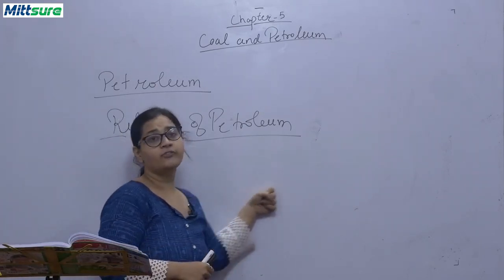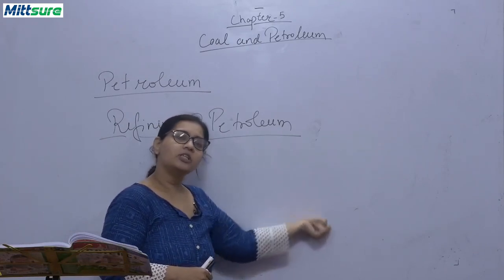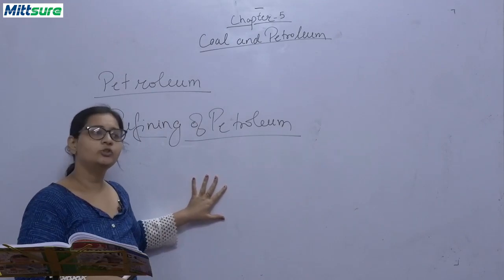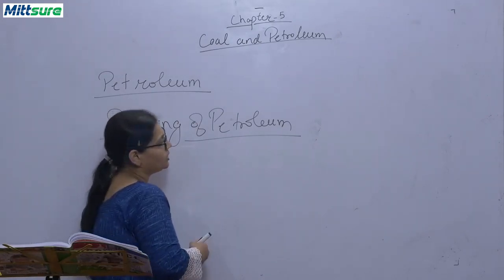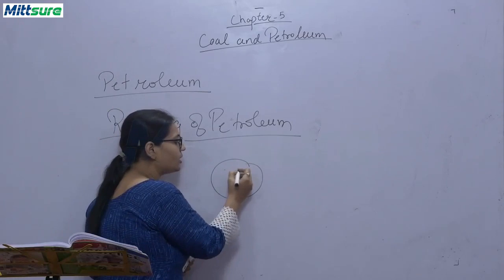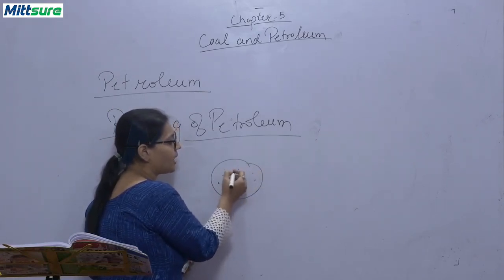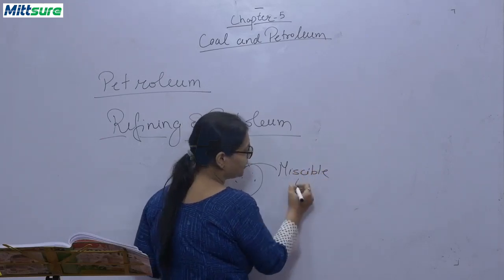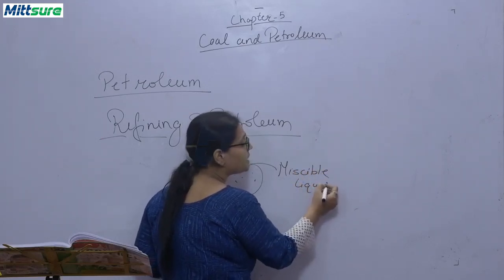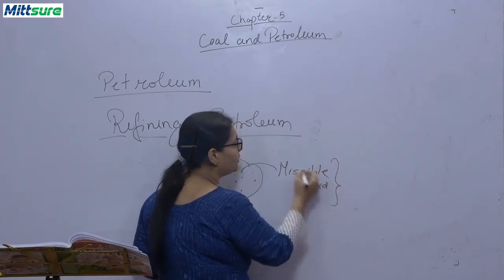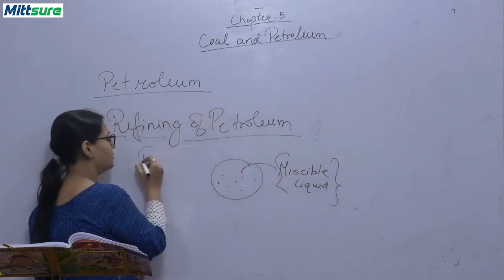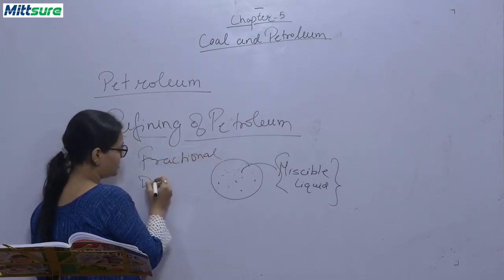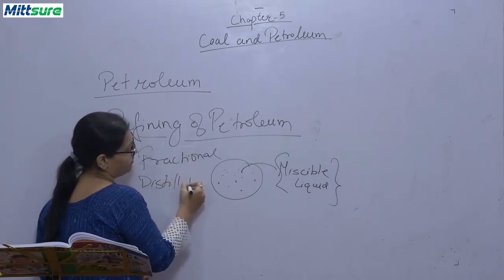Distillation is a process of simultaneous evaporation and condensation of a liquid. So fractional distillation is used to separate, because in this crude oil all the different byproducts are mixed together, that is, they are miscible liquids. And children, to separate miscible liquids we use fractional distillation.